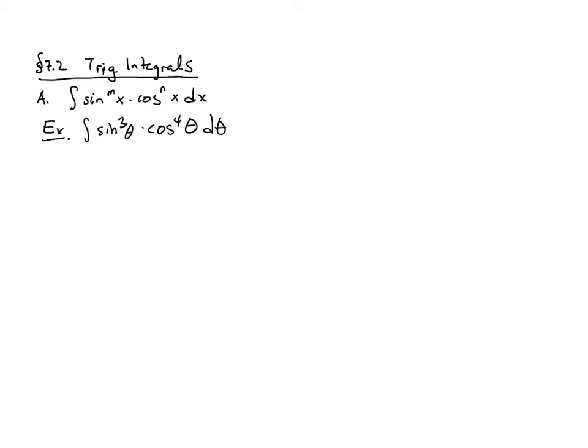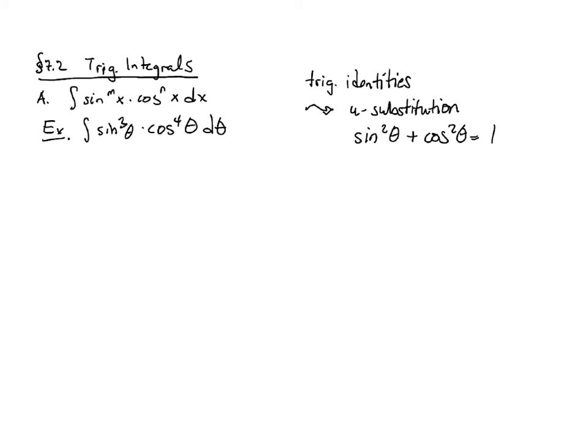And the basic strategy for these is to use trig identities in order to simplify the integral to a point where you can use a u substitution. So we're going to take trig identities that lead us to a good u substitution. So for instance, in this particular case, we'll use the Pythagorean identity, sine squared theta plus cosine squared theta equals 1.